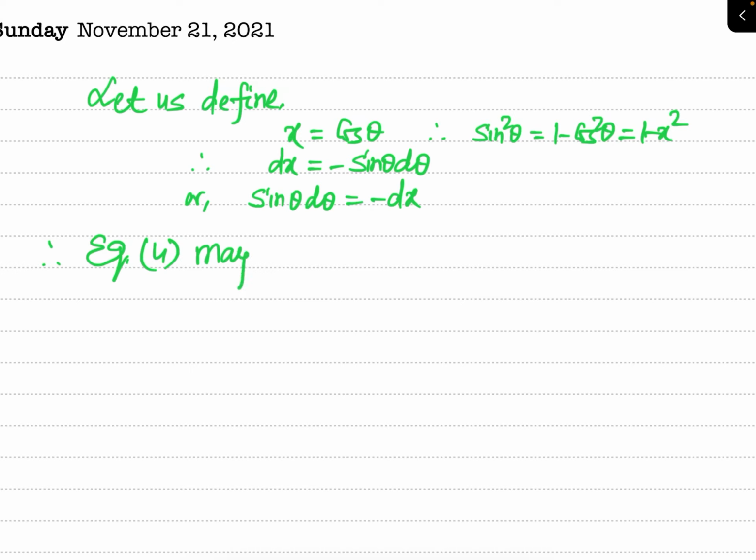Equation 4 may be written as follows. How can we write this equation? You can easily see, this will be del x of sine square theta, and that sine square theta will be 1 minus x square, times del a by del x.